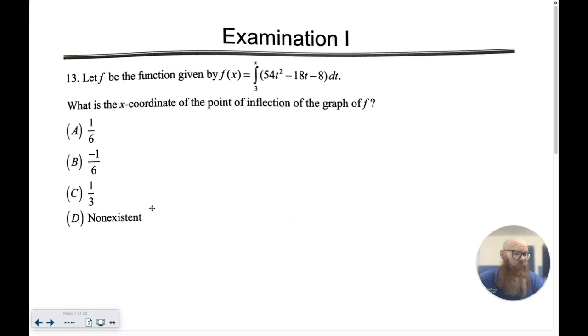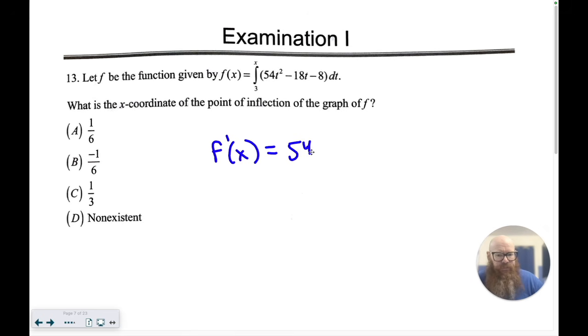The sign of the second derivative is the thing that tells me when the original function is concave up or concave down. Okay, so what I'm going to do is find the second derivative. Well, the first derivative is the fundamental theorem of calculus part 2, which is just the derivative of an integral kind of cancels out, and all these t's become x's.